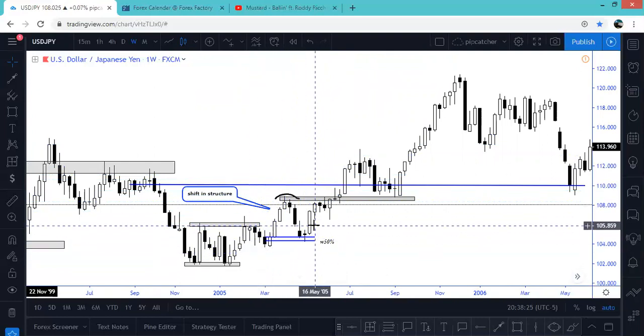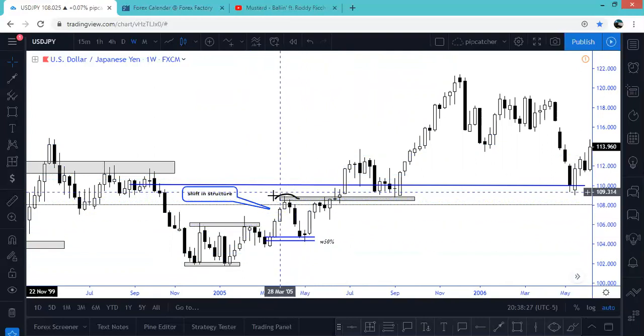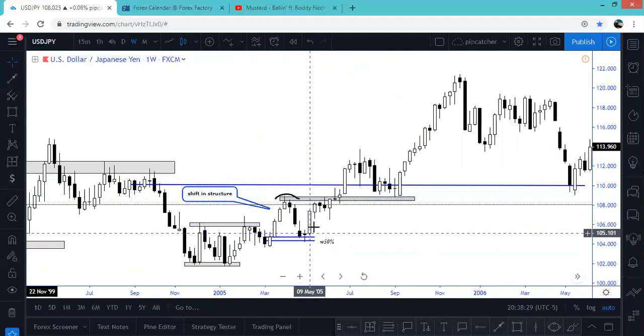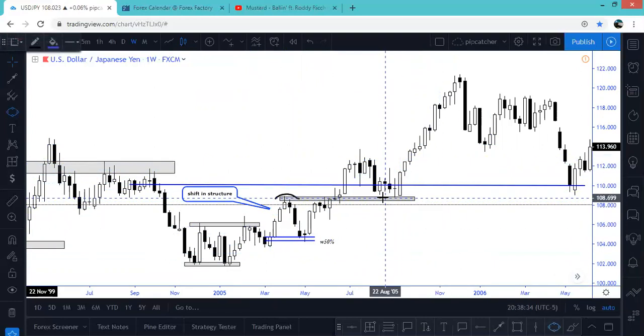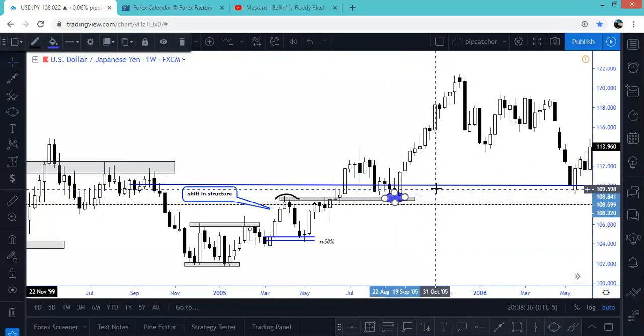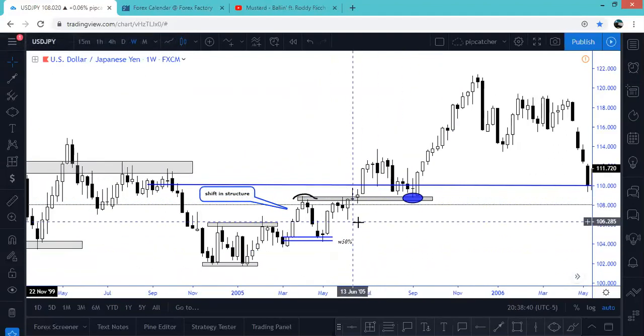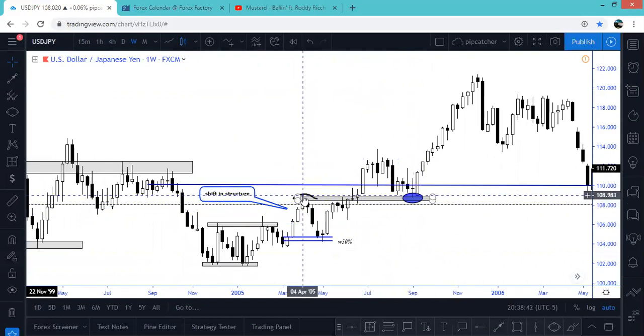So this is a mitigation block scenario. The most recent swing high we broke through, where does it come back to? Right to it. Right to the tee.